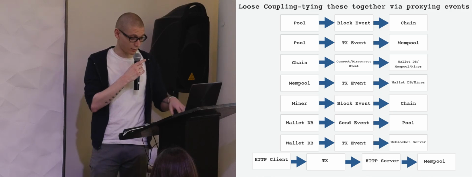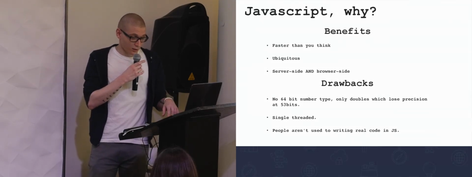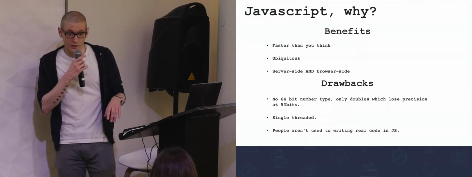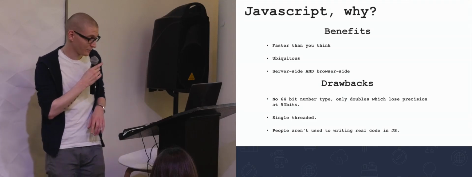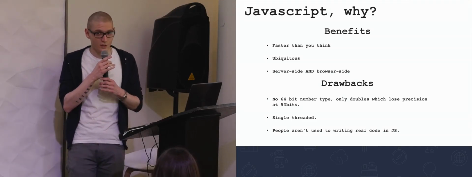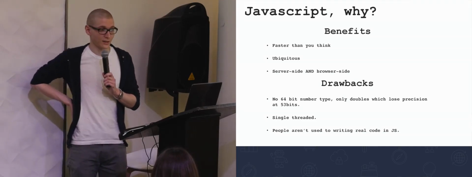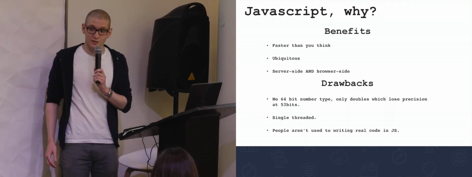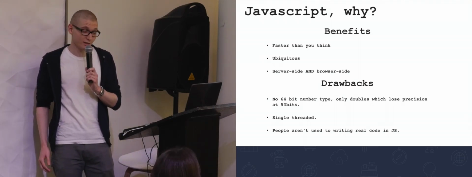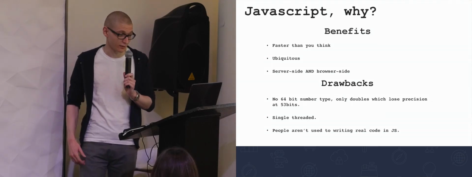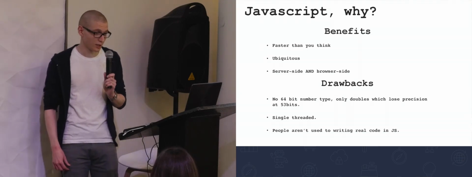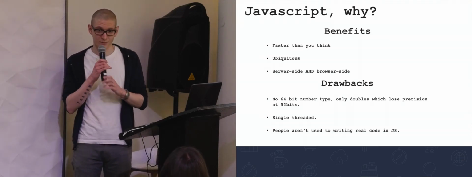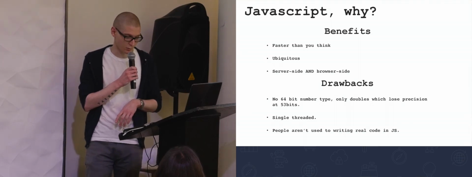Okay, so a lot of people ask this question: why JavaScript? So first of all, I want to say that JavaScript may not have been a totally conscious decision in Bcoin's design, since it was already written in JavaScript when I got involved. But I actually think it's a better language than most people probably think it is.